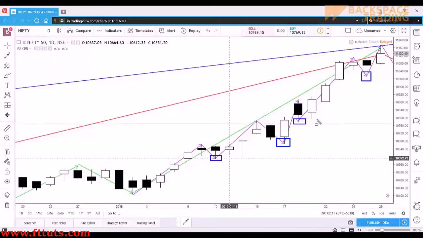Why did I plot these zones? You have already learned the lesson. A buyer always wants to buy low. That's why higher low is the place where a buyer has to buy.